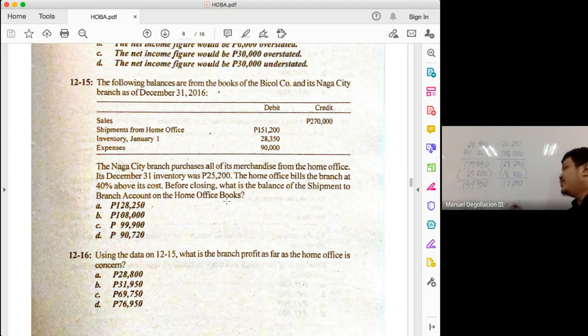Okay? Now I want you to get the difference between the two, class. The profit of the branch as reported by the branch and the profit of the branch as far as the home office is concerned. How much is the difference between these two? 44,100.